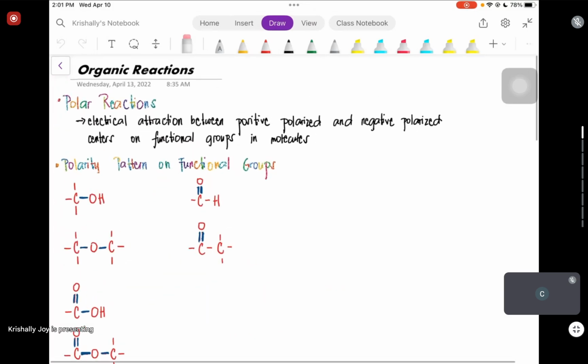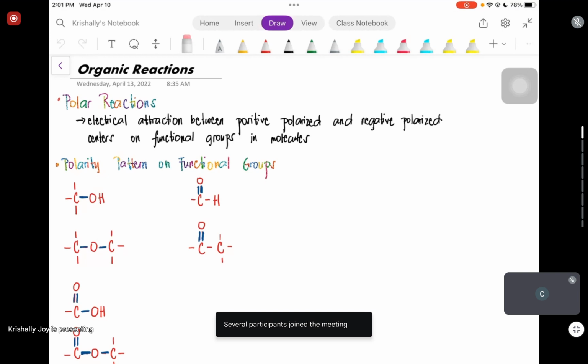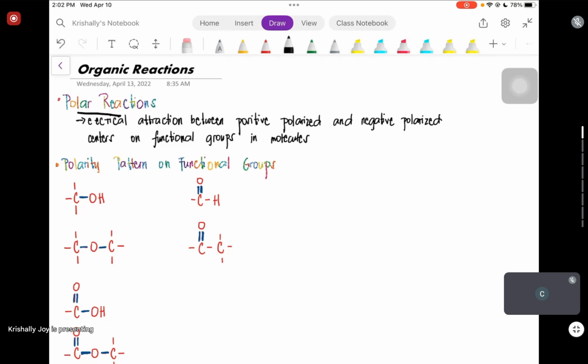Okay, when we talk about organic reactions of compounds like alkenes, alkynes, alkanes, or any hydrocarbon derivatives, the most common mechanism of reaction that occurs among organic compounds, we call it polar reactions. Based on the term polar, this type of reaction is simply an attraction between a positive polarized center and a negative polarized center on a functional group in molecules.